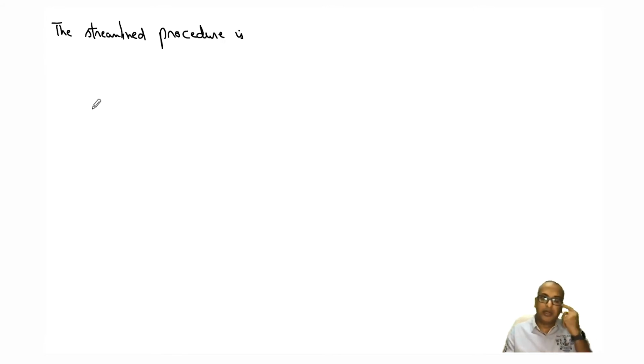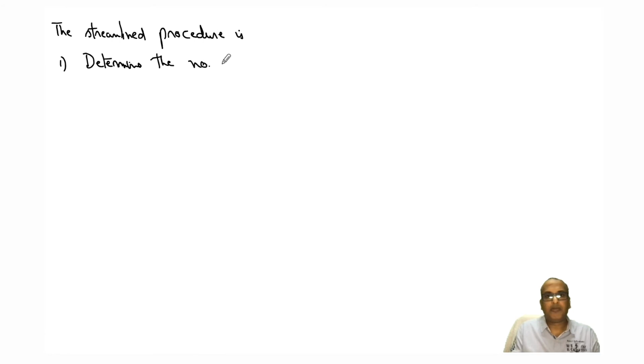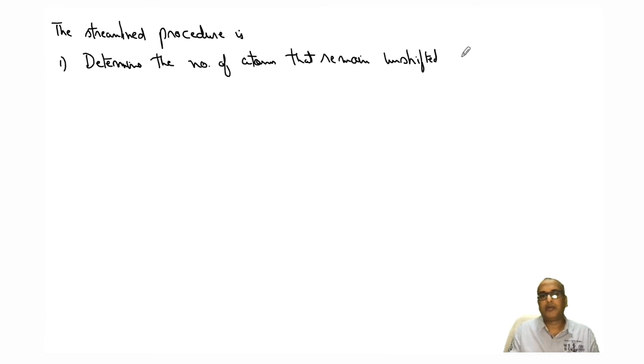First step is to determine the number of atoms that remain unshifted upon a symmetry operation. That is easy to identify, right? How many atoms would remain unshifted? We'll see again the case of water and see how easy it is.